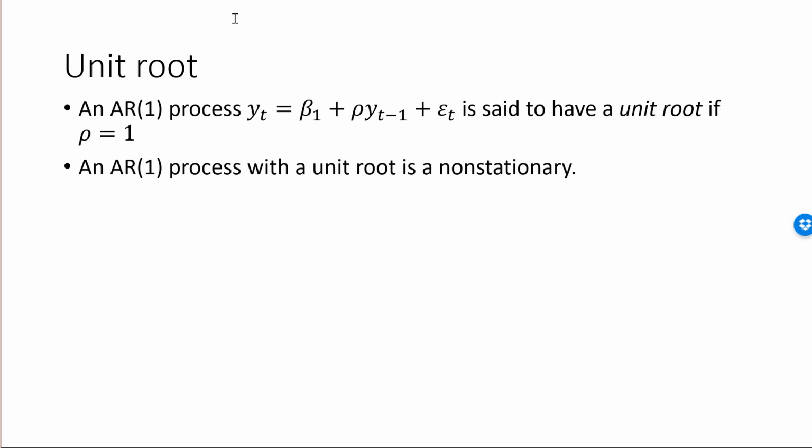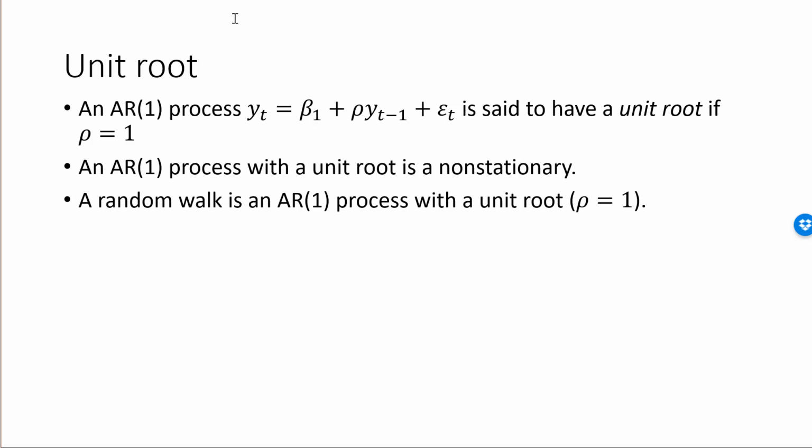Another way of expressing this is that a random walk is simply an AR1 process with a unit root. It's a pure random walk if beta 1 is 0, and it's a random walk with drift if beta 1 is different from 0.